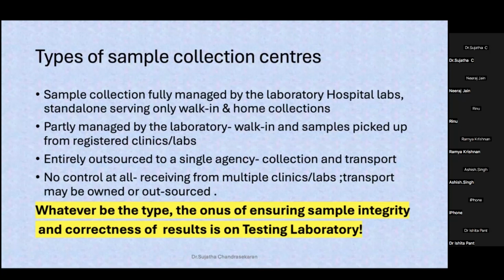That is not acceptable. It is the laboratory's responsibility to ensure the integrity of the sample. By integrity, what we mean is the sample should just be a representative of what it was in the body at the time when it was collected, without any loss of analytes, without any loss of matrix.